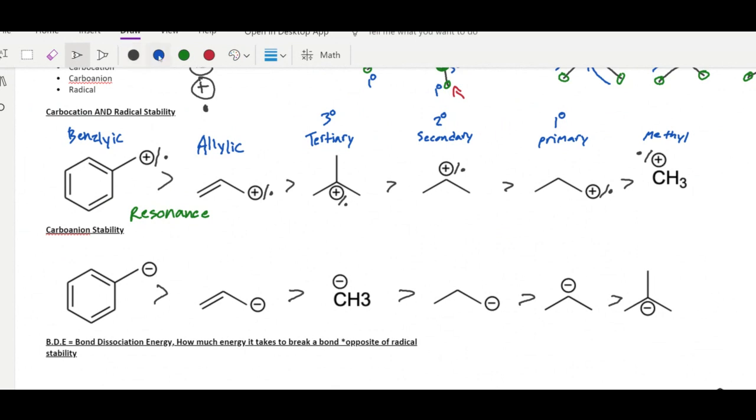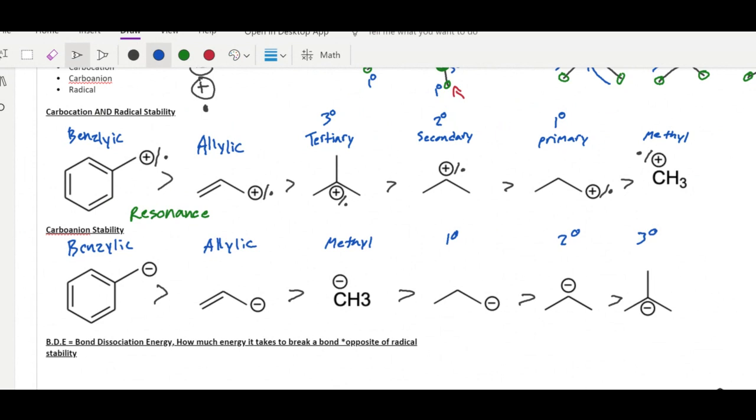And then again, this is benzylic, allylic, methyl, primary, secondary, tertiary.